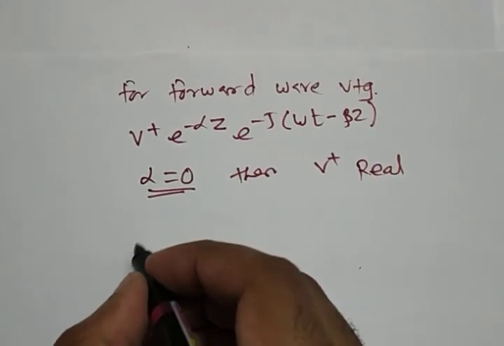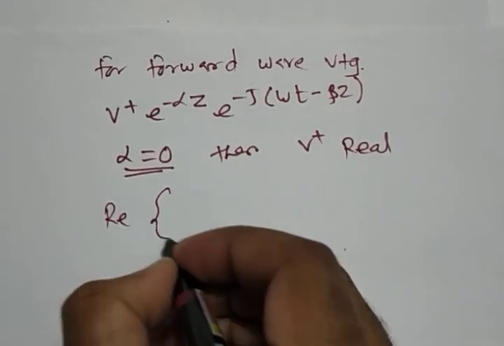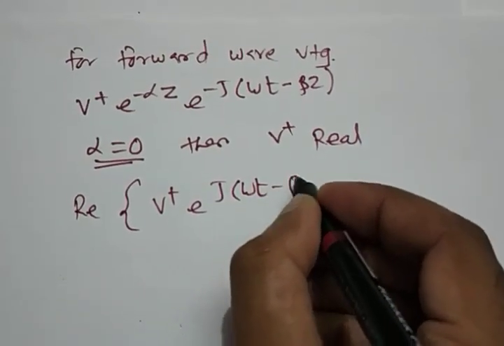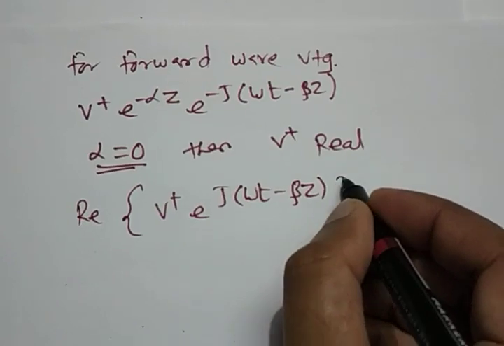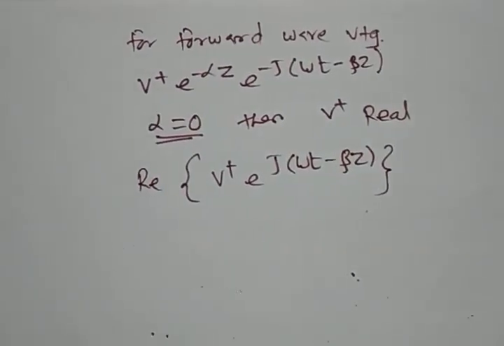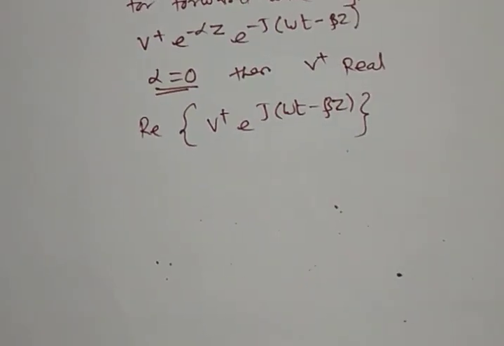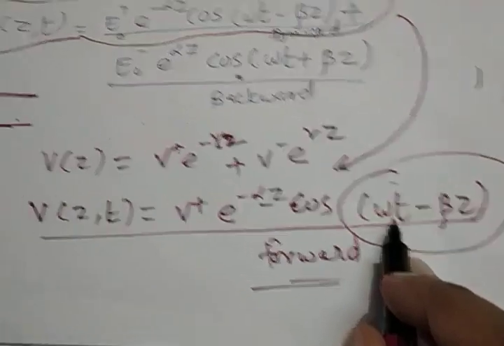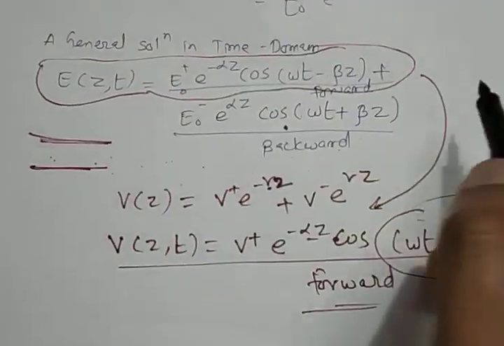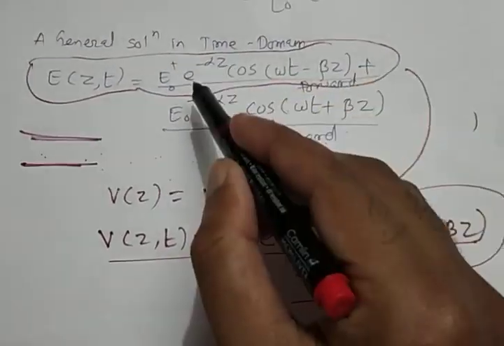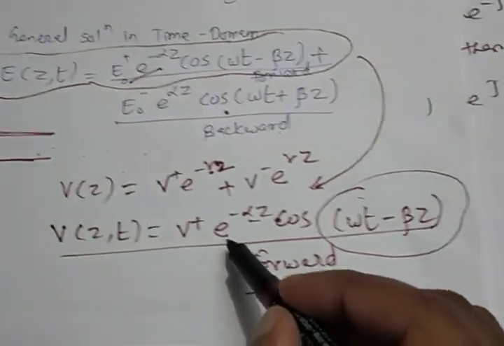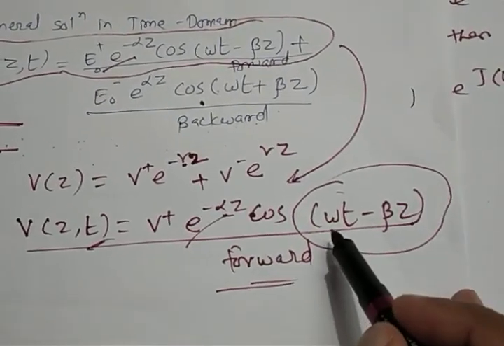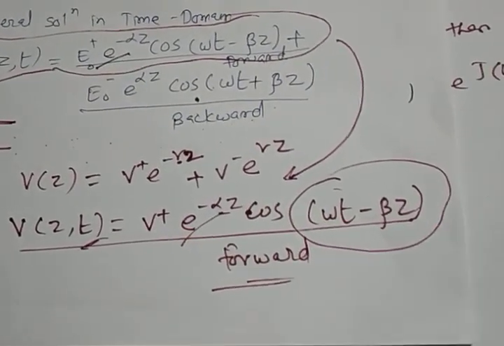So this one, the real part, we can write V plus e to the power j omega t minus beta z. However, whatever the expression is, either this is the expression or this is the expression or the expression for electric field intensity, we can see all of them are the same. For forward wave in time domain, it is with the cos of omega t minus beta z.